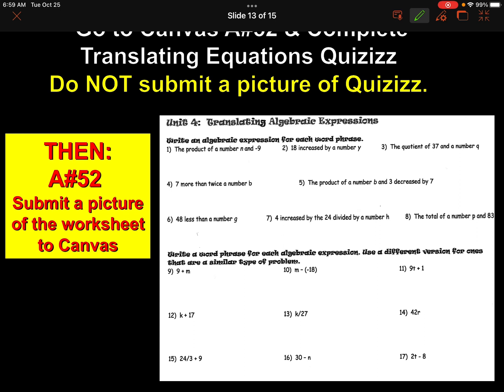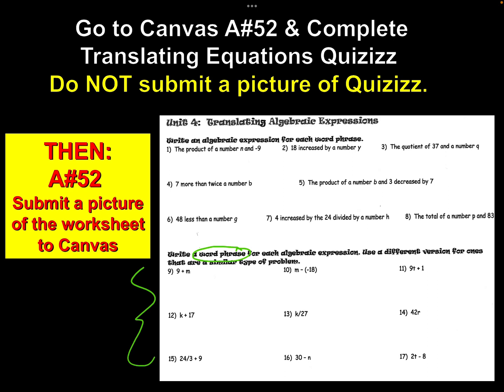So when you see the product of a number n and negative 9, you're going to write something that looks like down here. And when you get to the bottom, you're going to write the word phrase for what you have here. So 9 plus m, you could write as basic as 9 plus a number m. So one, you're writing a word phrase. The other one, you're going to write the expression.